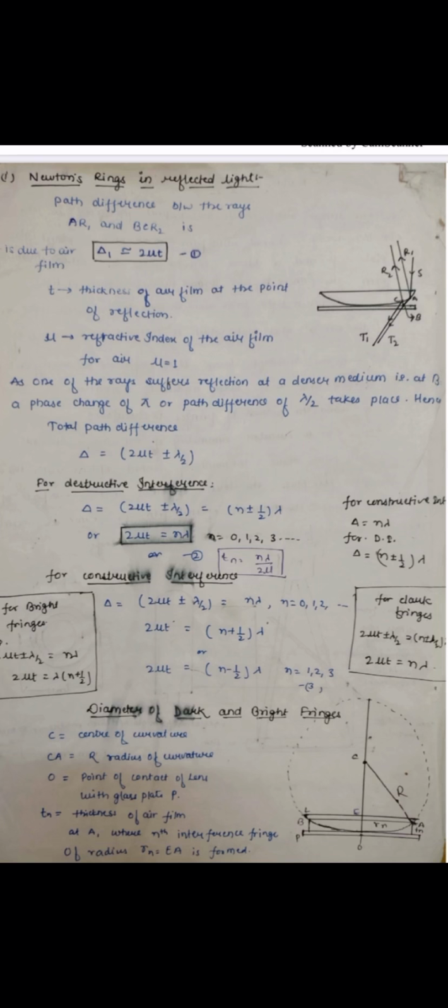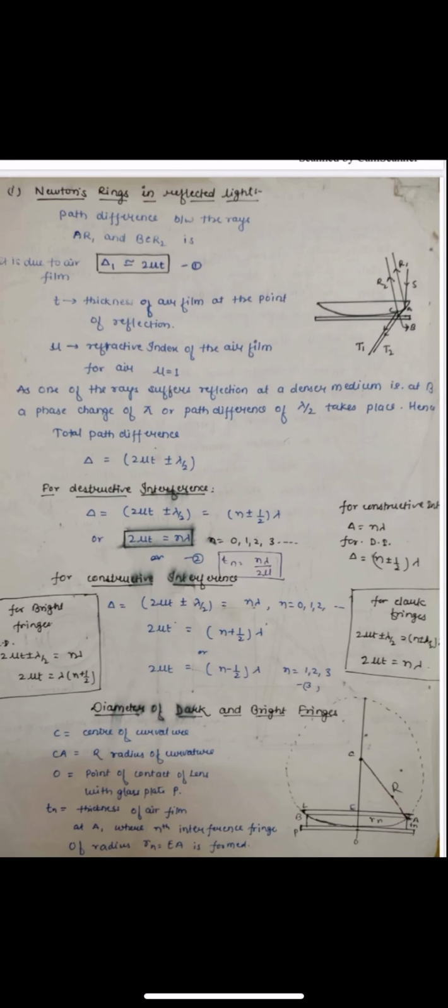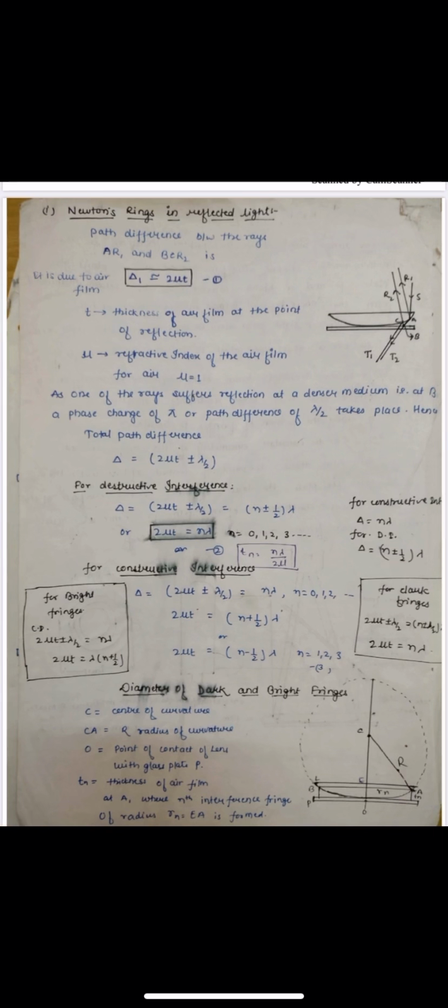As you know, the condition of destructive interference is that the path difference equals n plus minus half lambda. You have studied this formula in your class 11. For destructive interference, the path difference is equal to n plus minus half lambda.